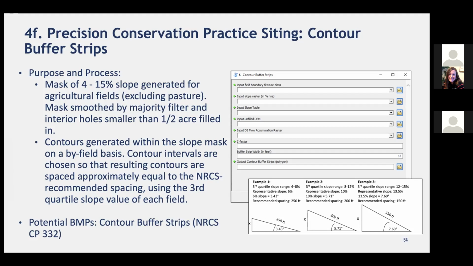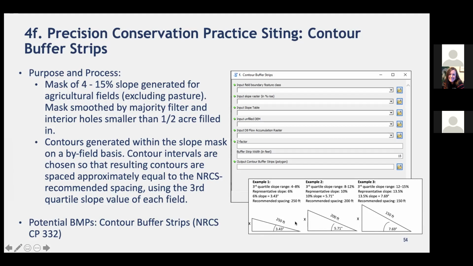And then we generate contours within those slope areas on a by-field basis. So our contour intervals are chosen so that the resulting contour buffer strips are spaced approximately equal to our NRCS recommended spacings using the third quartile slope. And you can see that depicted in that image in the lower right-hand side of the slide, where the slope length and the steepness vary depending on the situation, and the spacing changes as well.